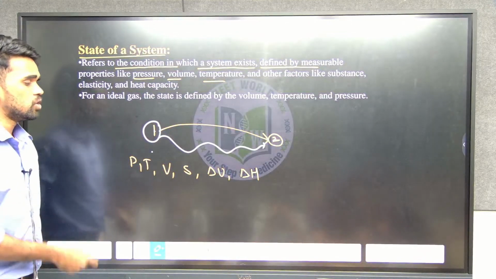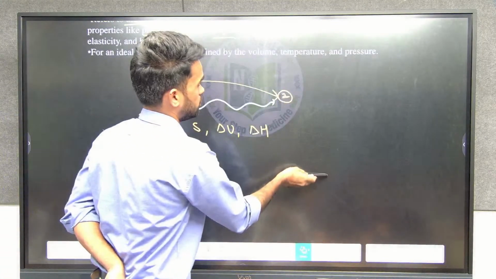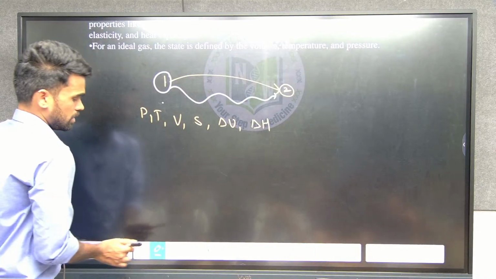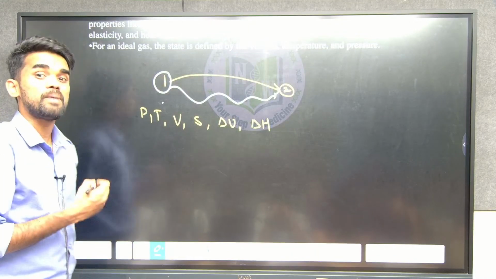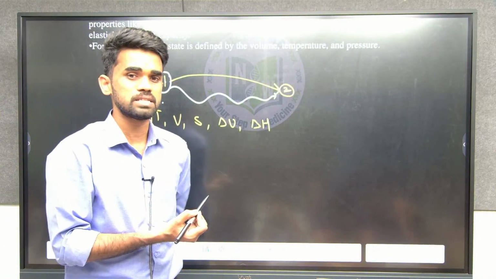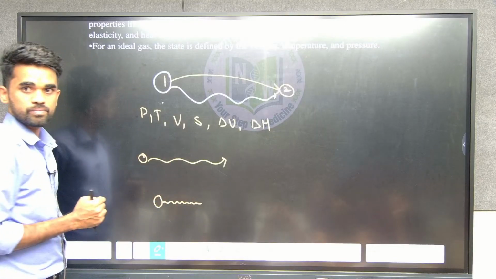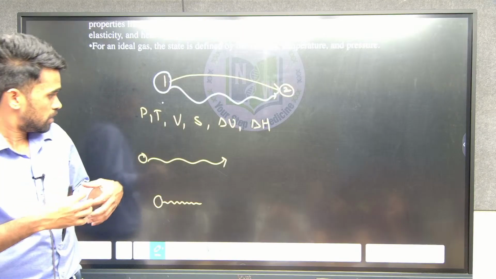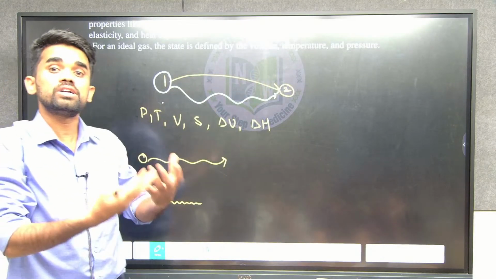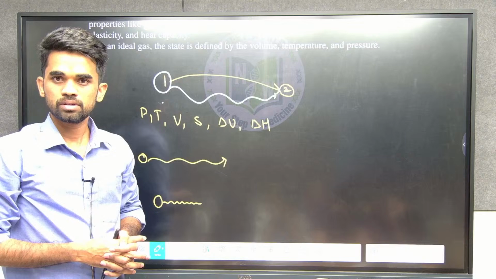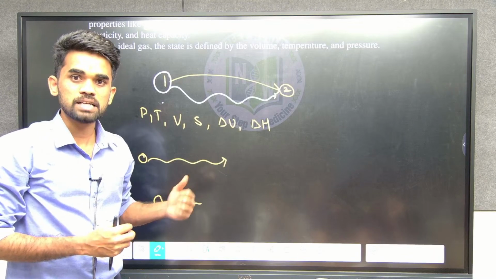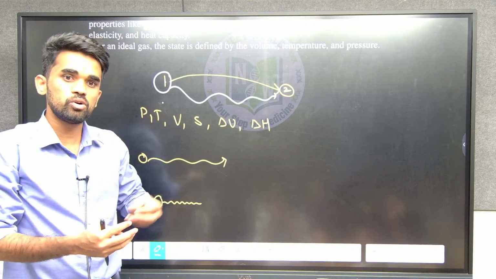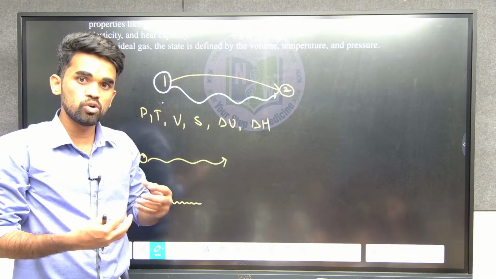All these terms come under state functions. Now one more term is called path function. What does path function mean? Slowly he is walking. Now who will spend more amount of energy here? Tell me. The first person, because he is running, so more energy is consumed, or more work is done.